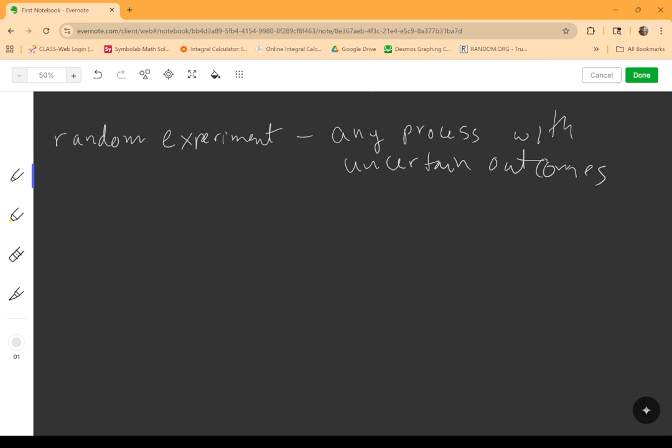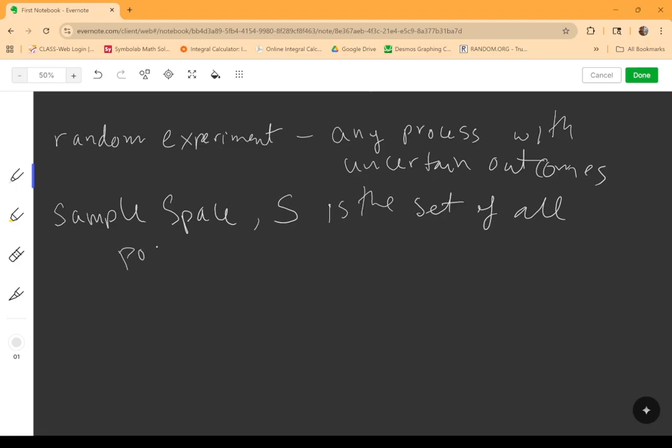Then we have the sample space, which we'll denote as S, the set of all possible outcomes. Think of the random experiment of rolling a die.